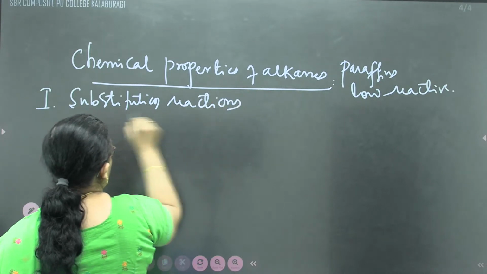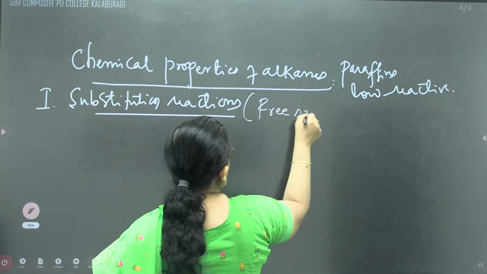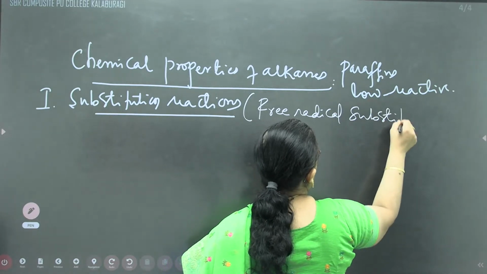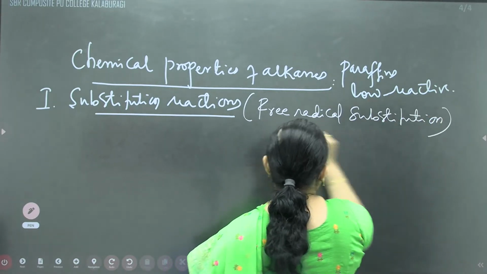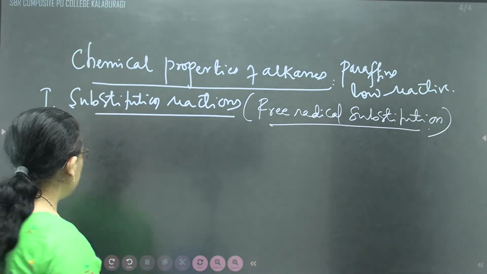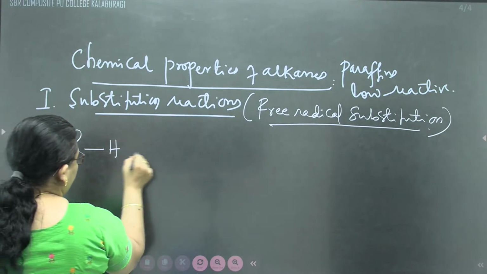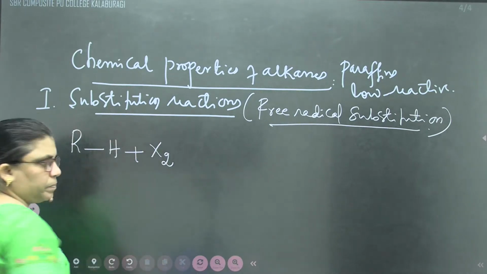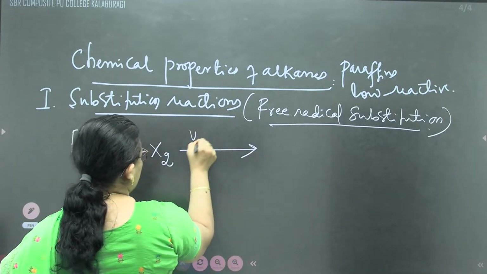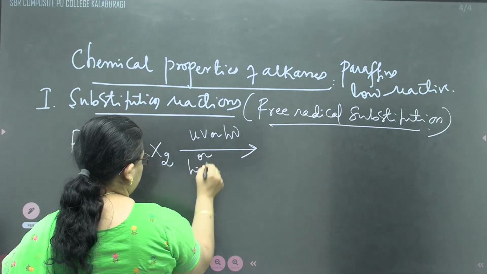Free radical substitution reaction. Here, a hydrocarbon RH undergoes halogenation with X2, where X is a halogen, in the presence of diffuse sunlight, which makes it a photochemical reaction, or at high temperature.